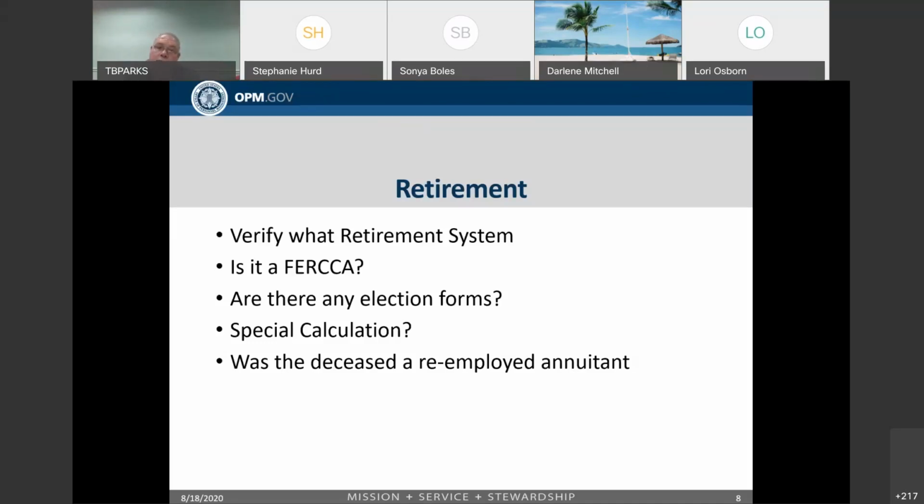When that gets associated with that previous retirement claim, that's our first knowledge of that person even returning to the federal workforce. So if there's a survivor annuity, then there might need to be another calculation done. So check that to make sure there isn't any additional service that we would not even know about.